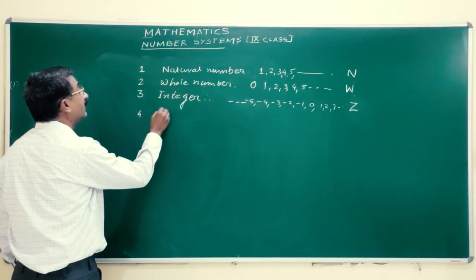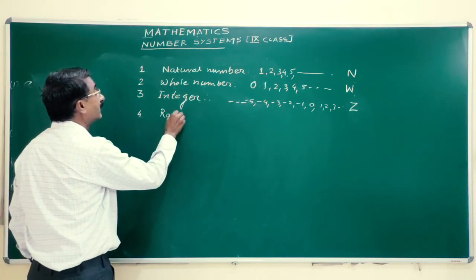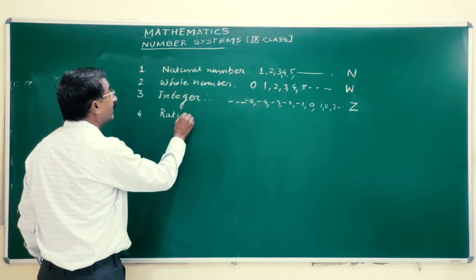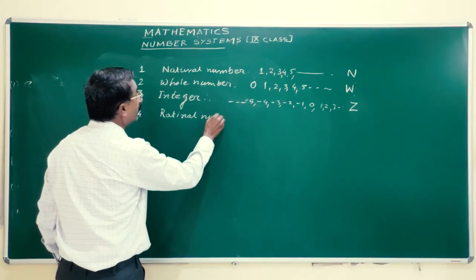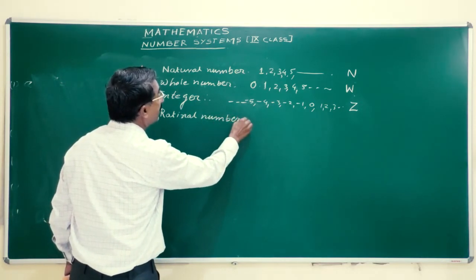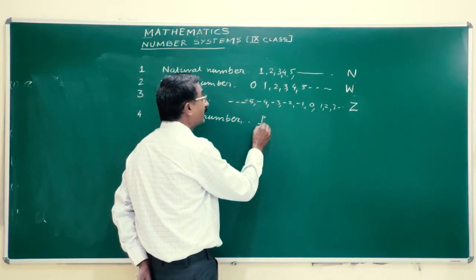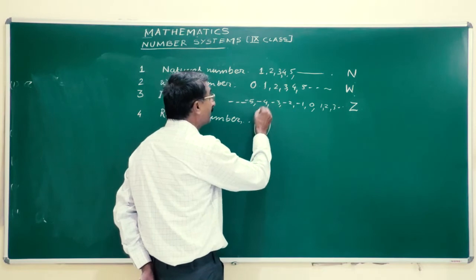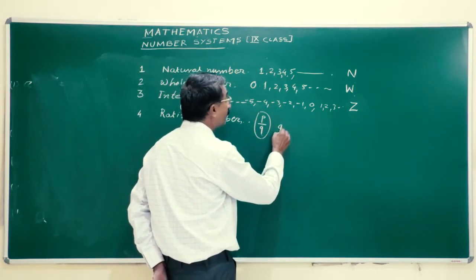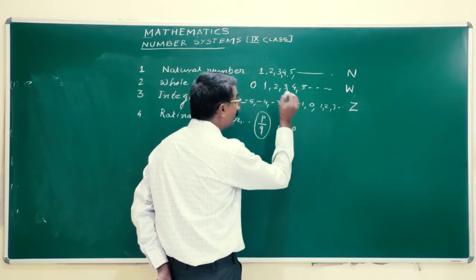Fourth one is rational numbers. Rational number means they can be written in the form of P by Q, where Q is not equal to 0.